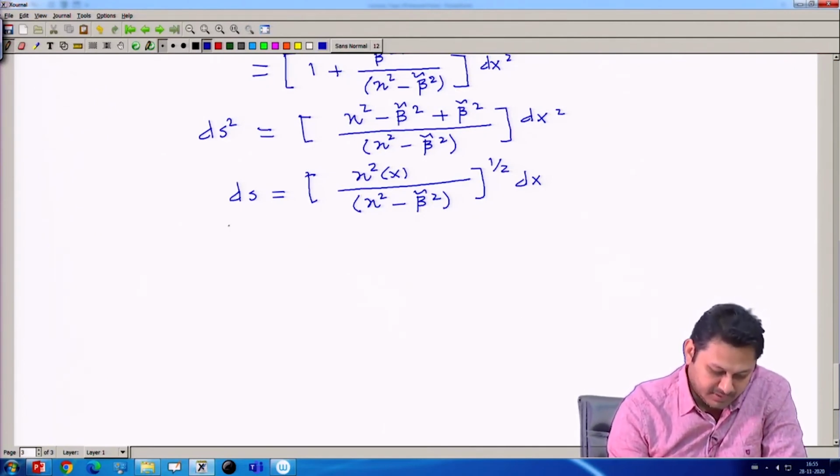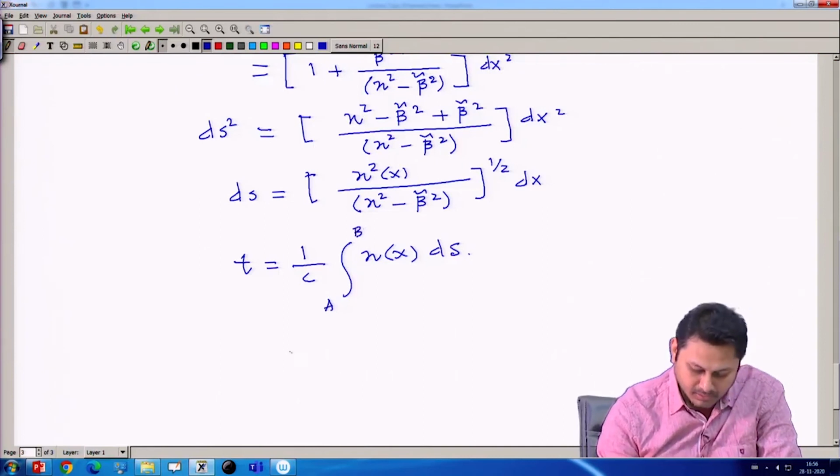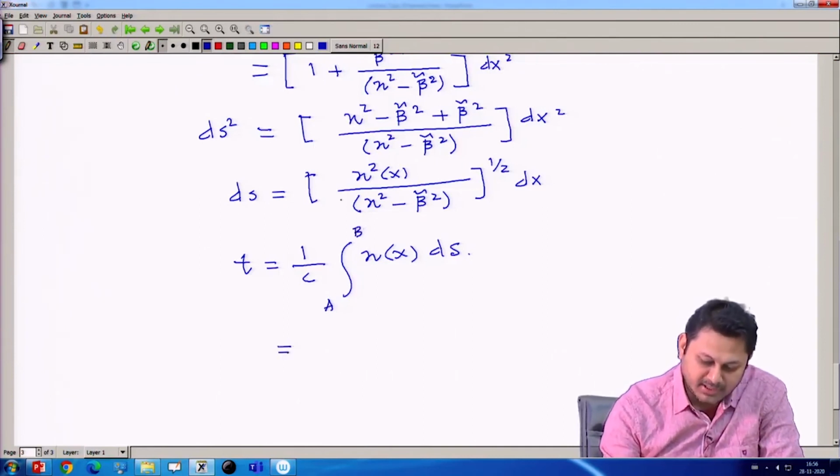So, finally, if I put this ds, because my t was 1 divided by c times the integration of n of x ds, from some point a to b. So, now I know what is my ds.